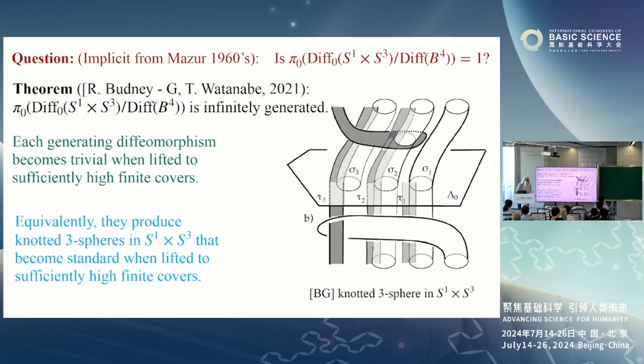Here's a picture of such a thing that I discovered. Here's a knotted 3-sphere. However, as I just said, it becomes isotopically standard if you lift to a sufficiently high finite cover.